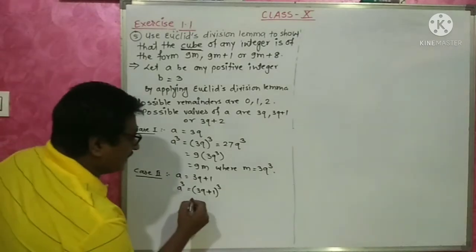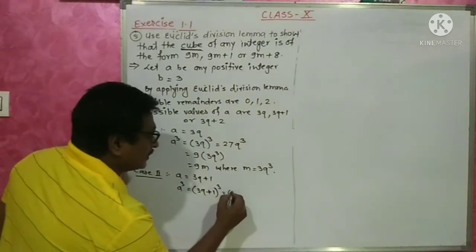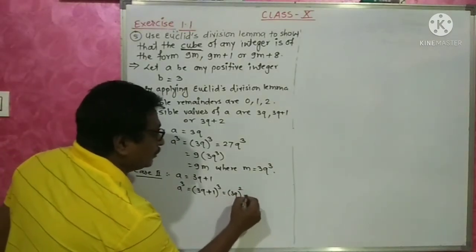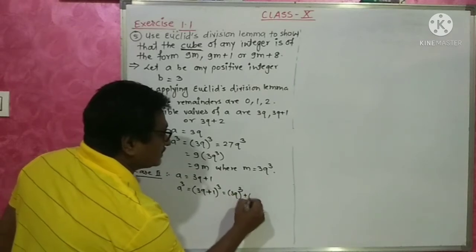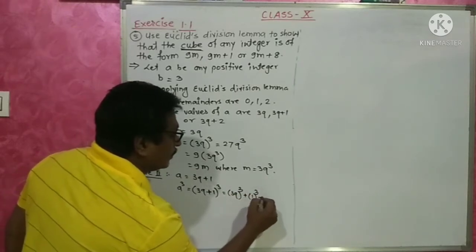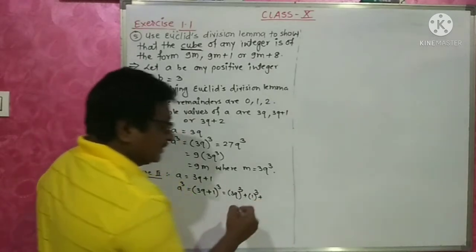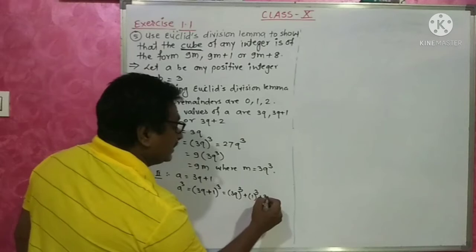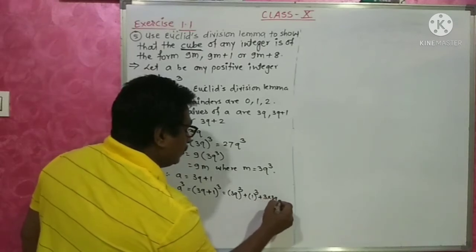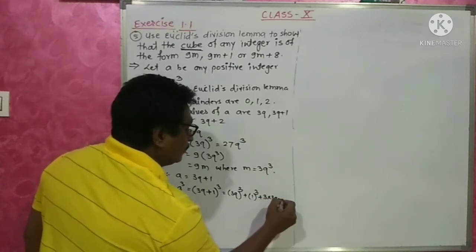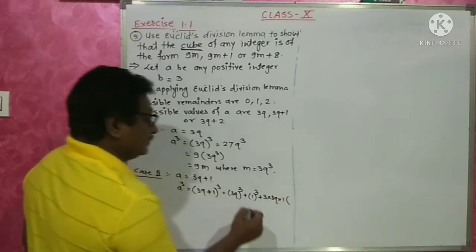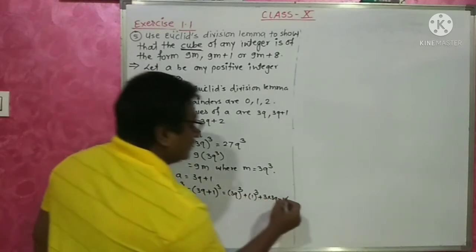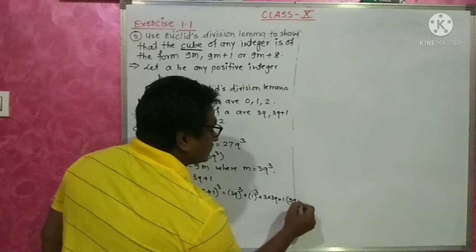What is the cube identity? (3q) cube plus 1 cube plus 3ab(a plus b), that is 3 into 3q into 1 into (3q plus 1).